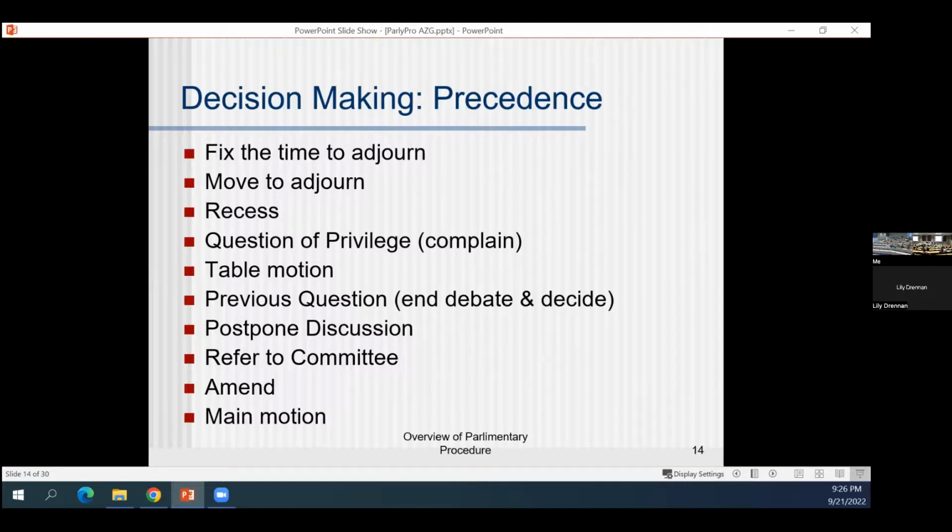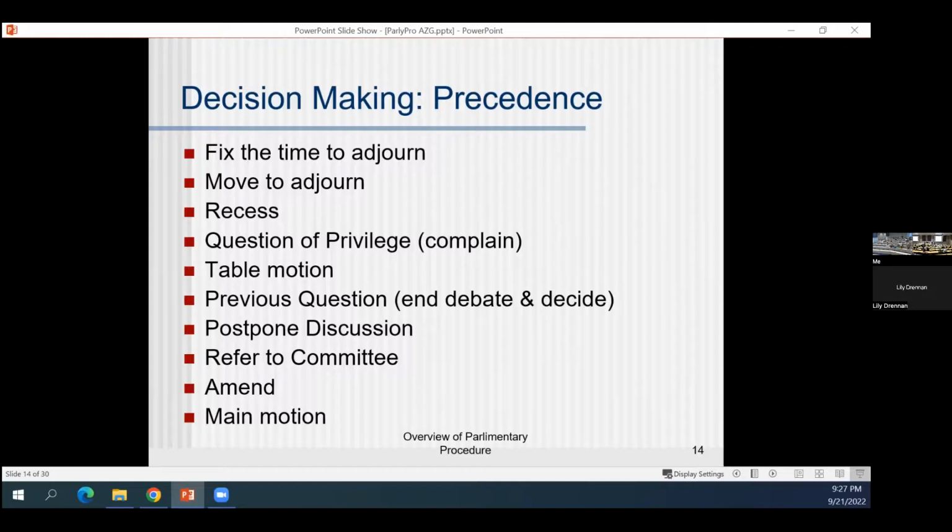A question of privilege: they can't hear, they're too cold, they're too hot, they want to complain about something. It may be a frivolous complaint, but if it's something that's keeping that person from participating in the discussion, that needs to be resolved first, so that they can go back to focusing on the main motion. There may be a need, if this is a really complicated situation, instead of the whole group spending hours talking about it, to form a committee and have that committee discuss it.